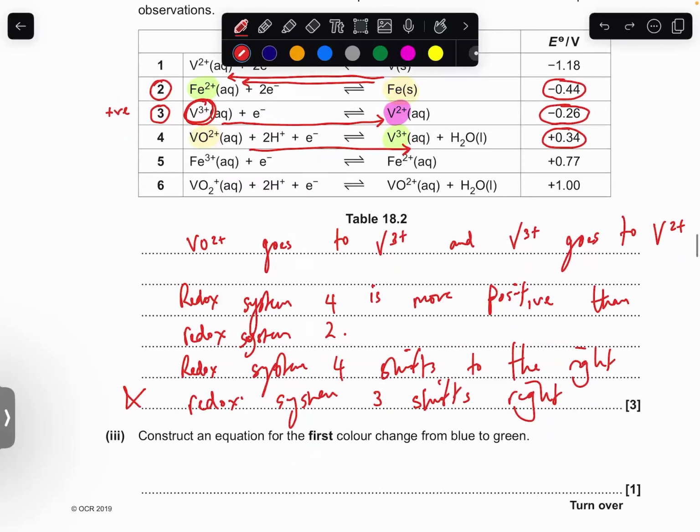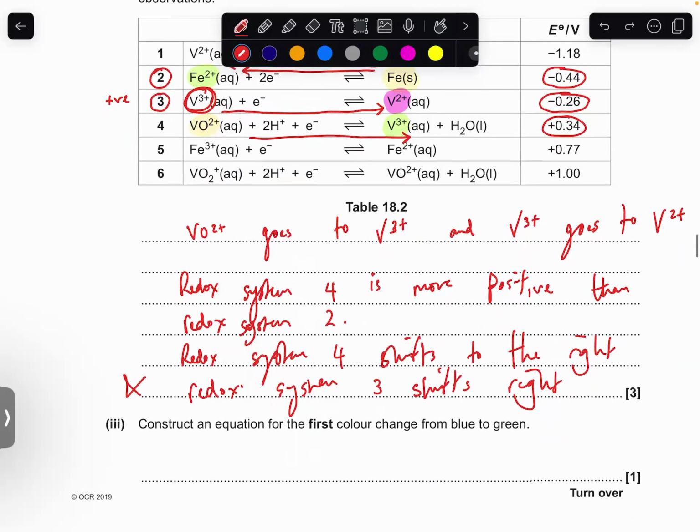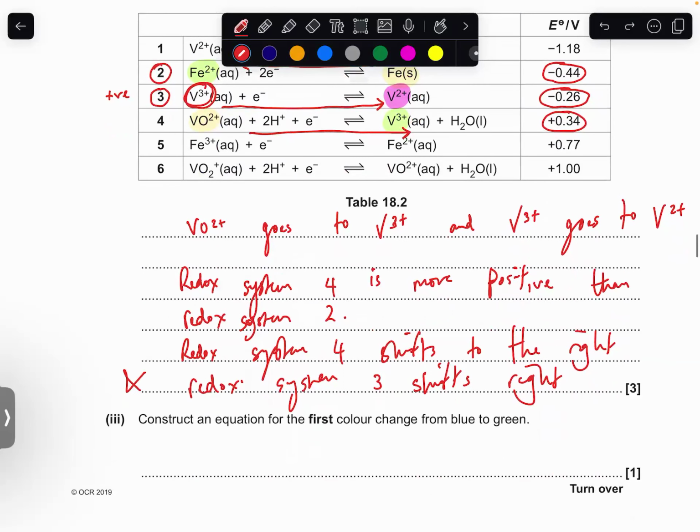It's asking to construct an equation for the first color change from blue to green. Blue to green was where VO2+ under acidic conditions is reacting with iron.